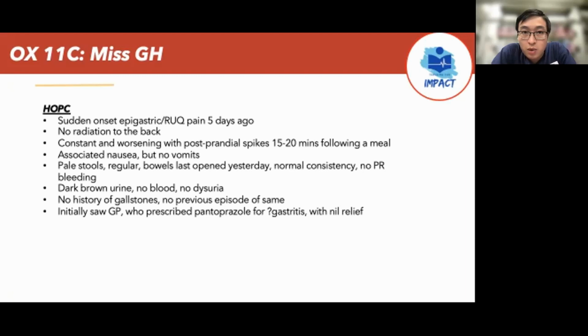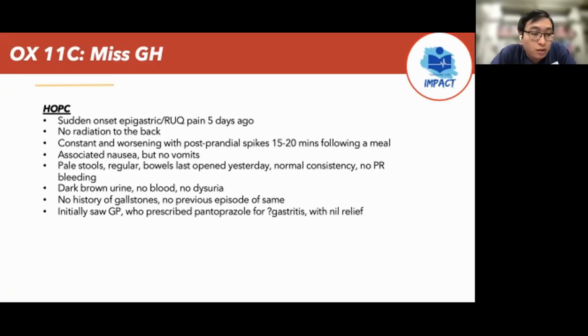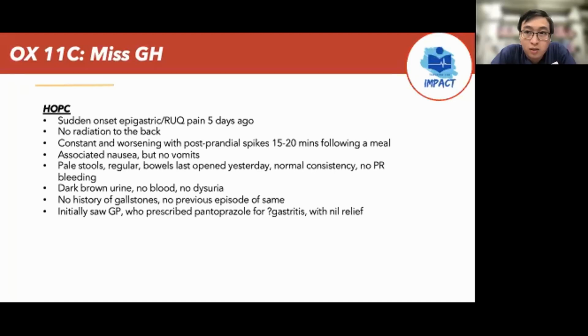So firstly, I might put a question to the floor, just based on the history that we've gleaned so far. What are we thinking in terms of differentials? Feel free to unmute and share your thoughts, or just post in the group chat. Yeah, gallbladder, cholecystitis, pancreatitis. Yep, pancreatitis.